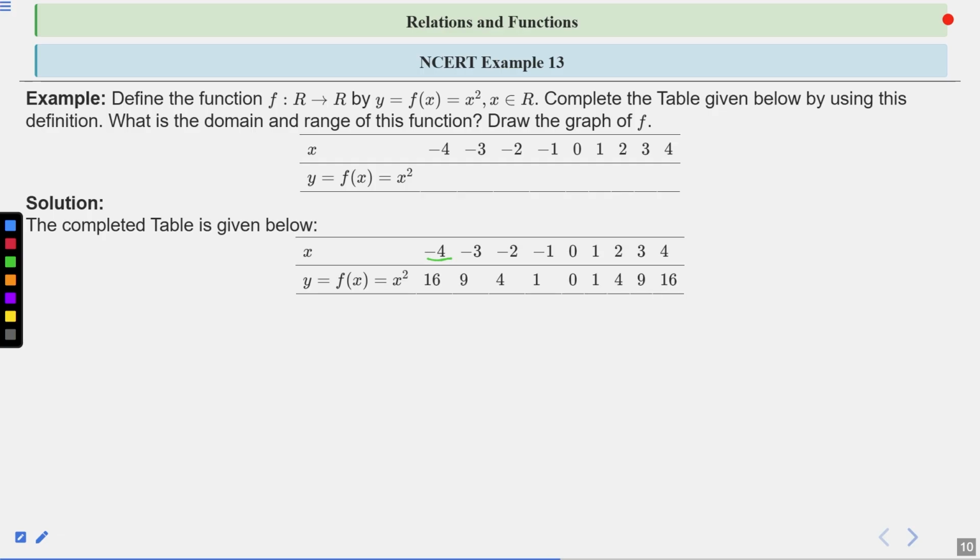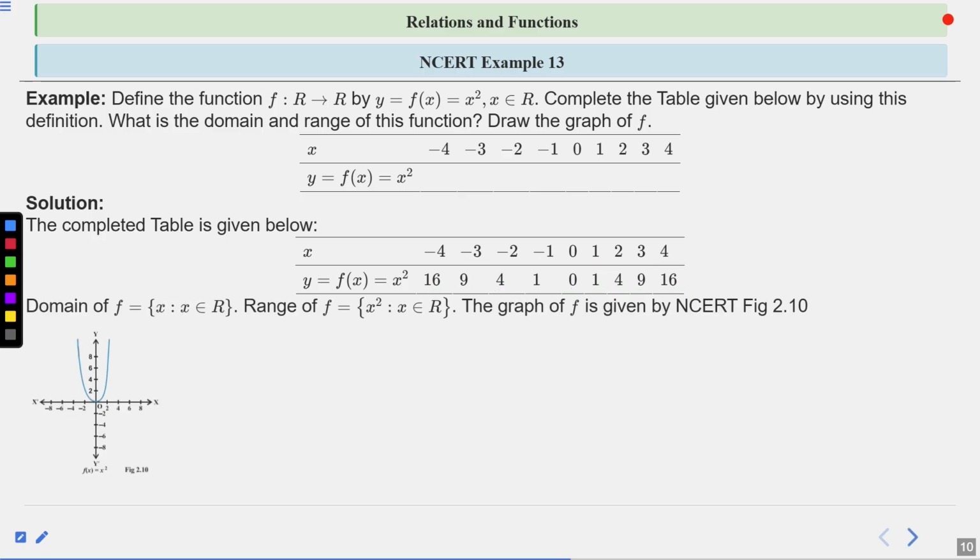If you give input minus 4, then your output will be the square of the input. So minus 4 times minus 4 is plus 16. Now minus 3 square is 9, minus 2 square is 4, minus 1 square is 1, 0 square is 0, 1 square is 1, 2 square is 4, 3 square is 9 and 4 square is 16. Clear how we are getting this table.